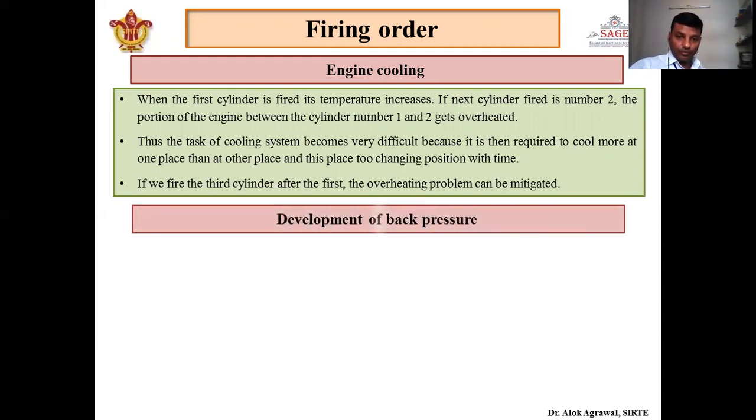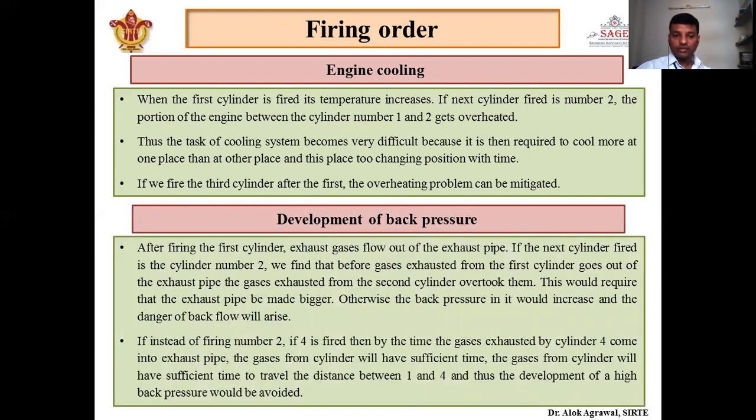Okay, now the development of back pressure. Again, what will happen after firing the first cylinder? The exhaust gases which are getting created will come into the exhaust pipe, and if we fire the next cylinder 2, then what will happen? We will find that before the exhaust gases coming out from the first cylinder go to the exhaust pipe, the gases exhausted from the second cylinder start to overtake them, and because of that there will be less space in the exhaust pipe, and the gases coming out from cylinder 1 and cylinder 2 will be more.